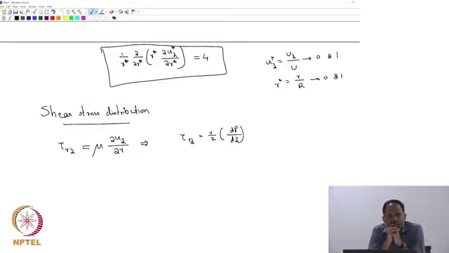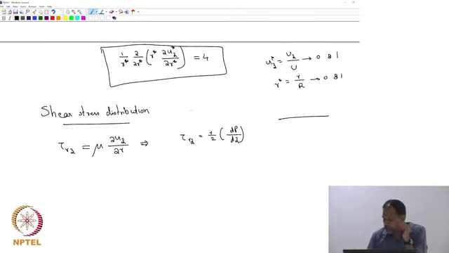You get something like that. Okay. So that means the shear stress varies linearly in the pipe. The velocity varied quadratically. The shear stress is going to vary linearly in the pipe.